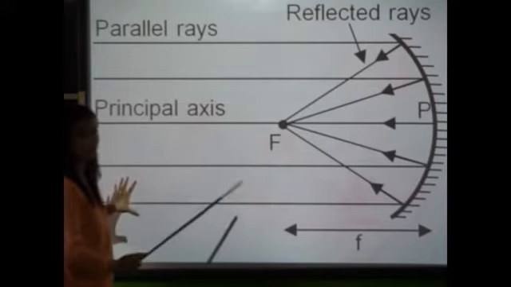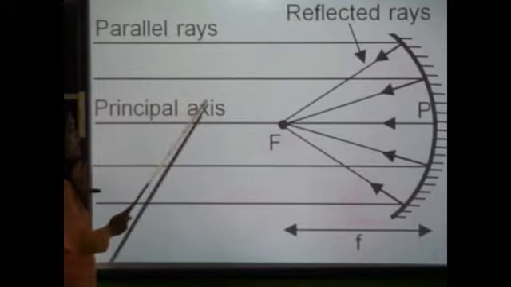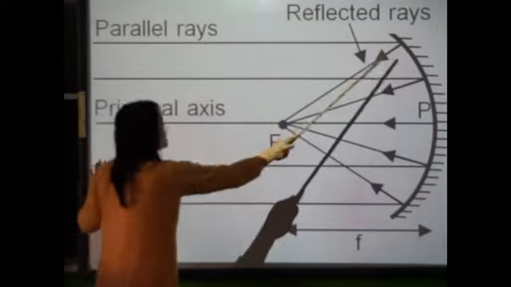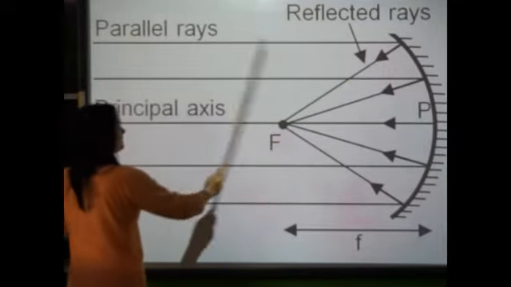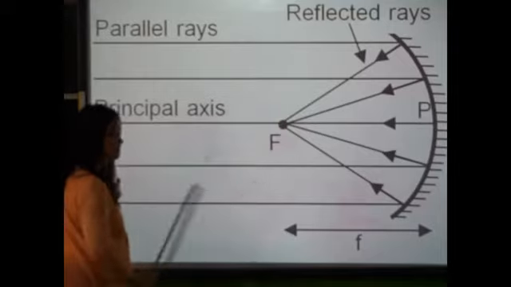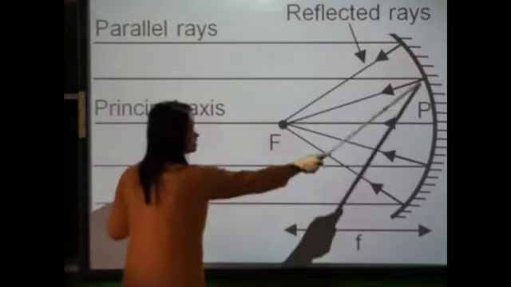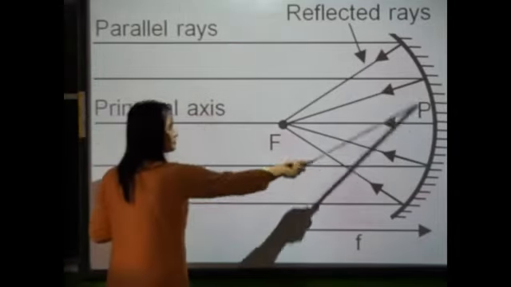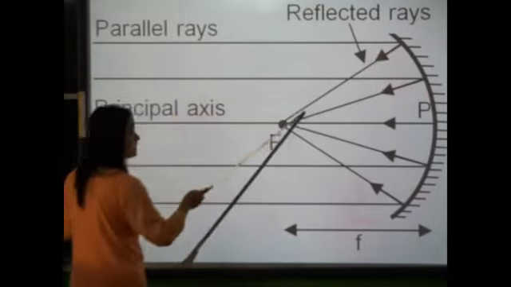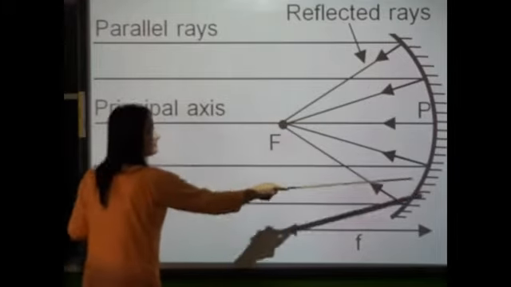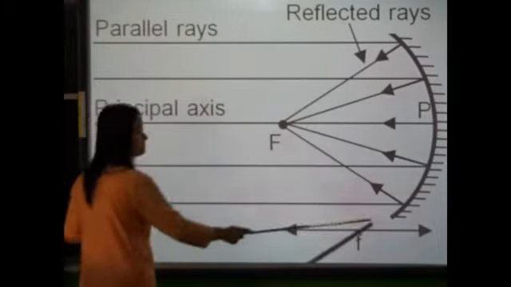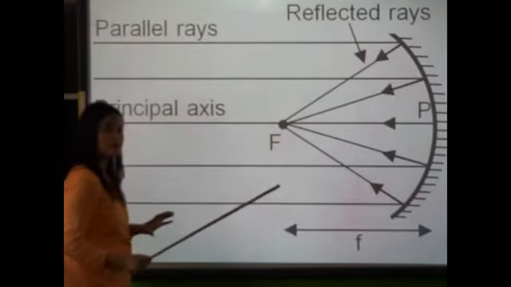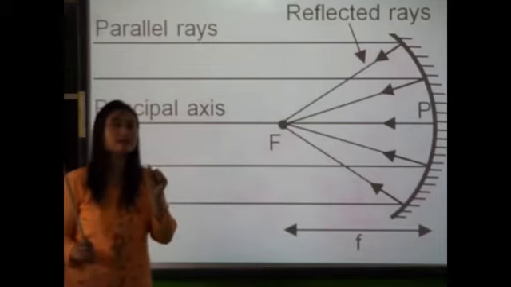When rays of light which are parallel to each other strike the reflecting surface of the concave mirror, the rays which are reflected after striking the reflecting surface meet at a point. That means all the reflected rays actually meet.